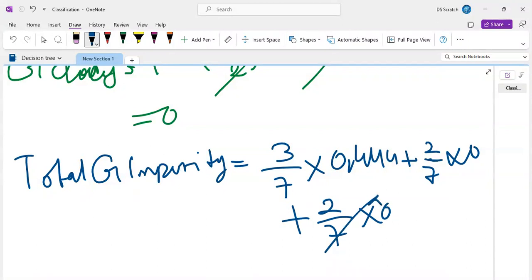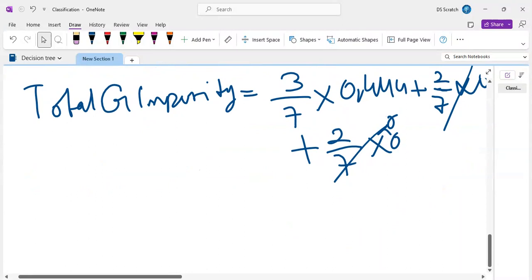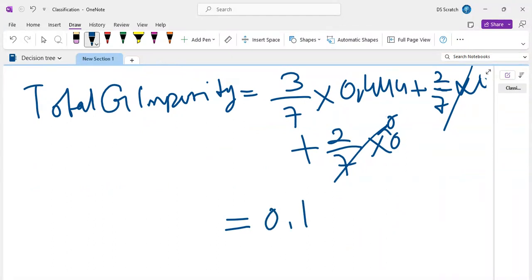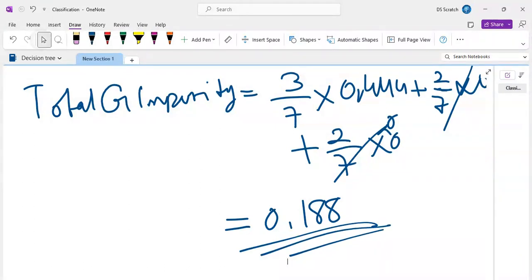So these two terms will be 0, and then we have the total Gini impurity, 3 times 0.444 over 7, which basically gives us the value of 0.188. So this is the total Gini impurity for the weather.